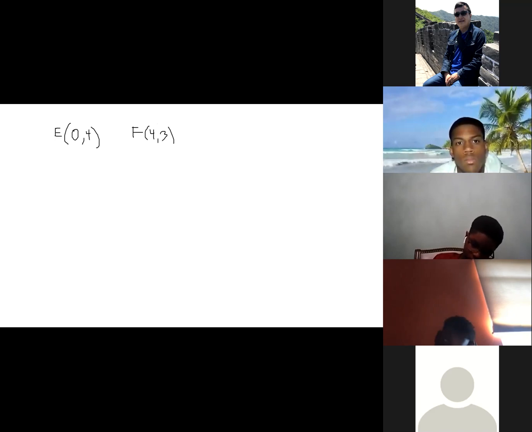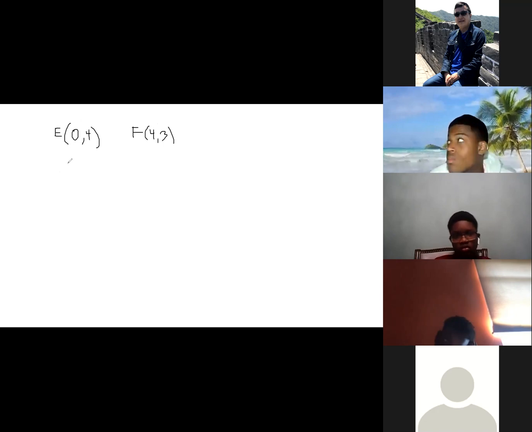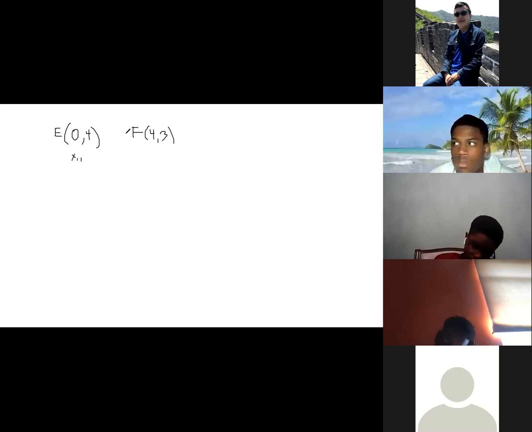Oh, I see. Okay. Well, actually, you could, so the book says, well, so you can imagine these coordinates as x1, y1 and x2, y2.